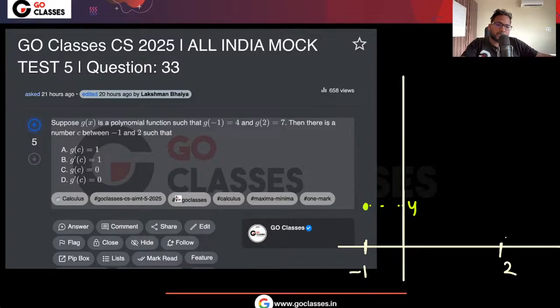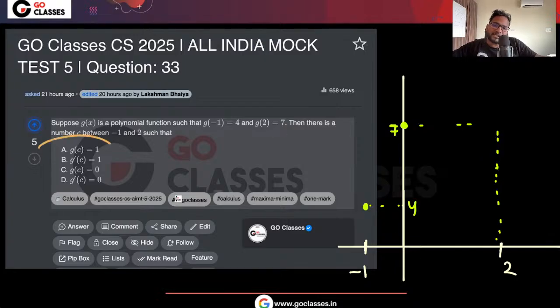In between, you may have anything. It could be like this, could be like this. It could be anything in between, but in general, it is something like this.